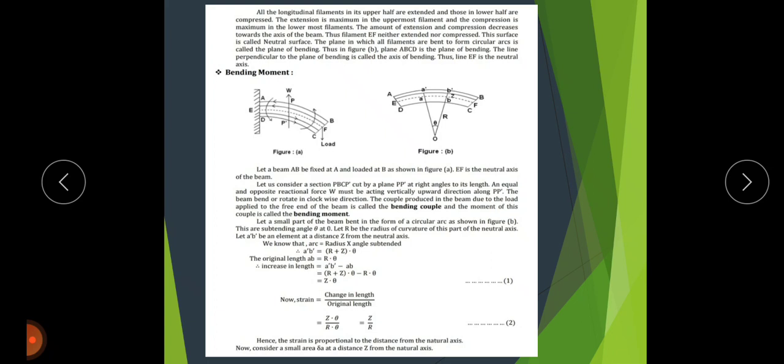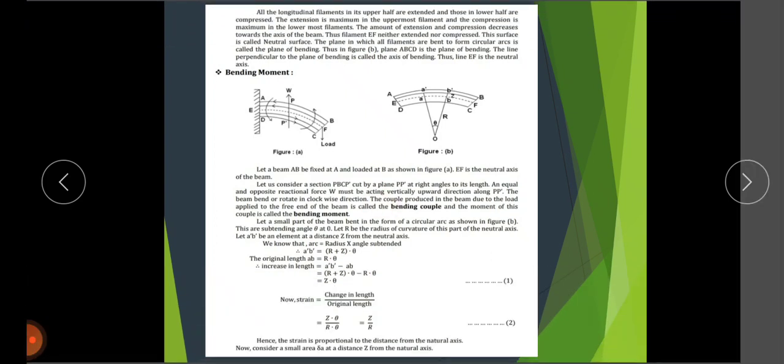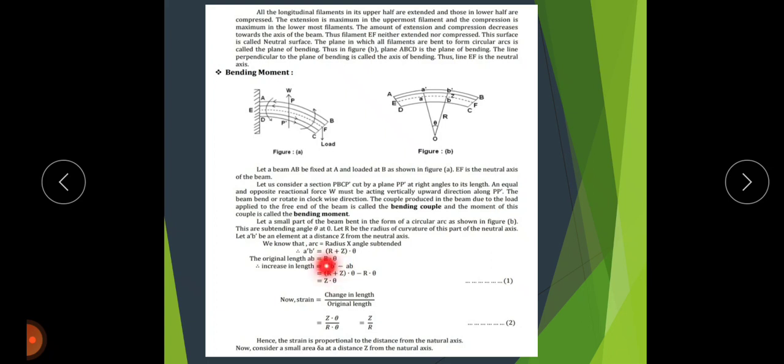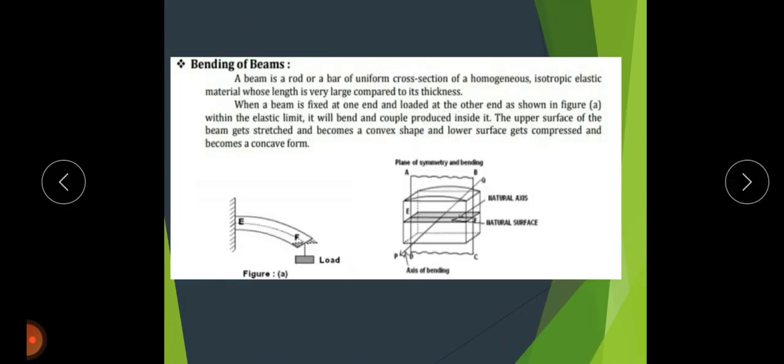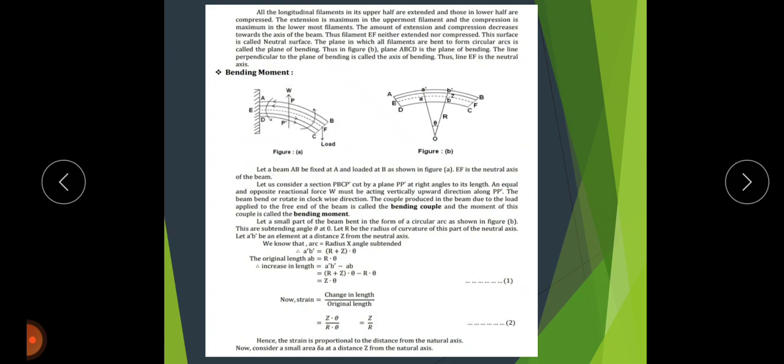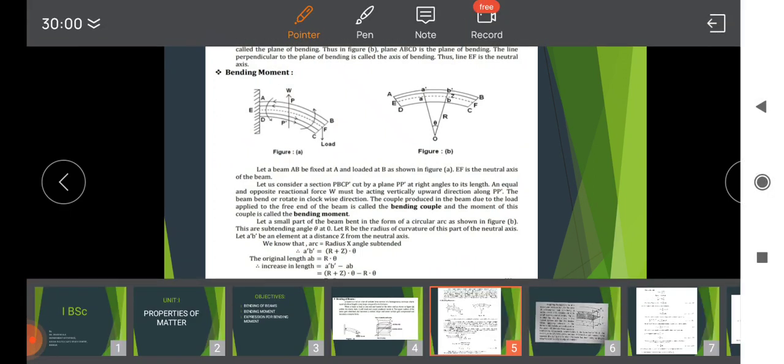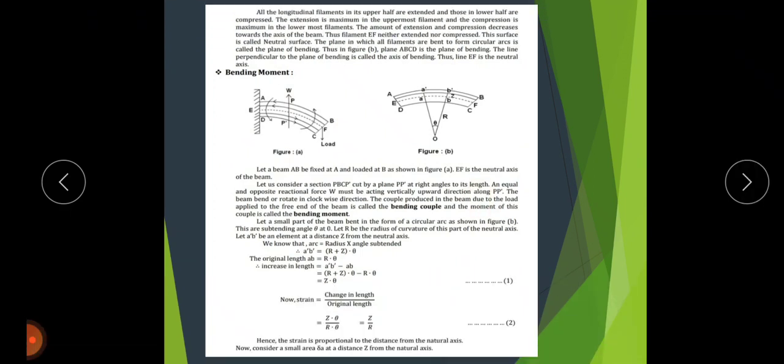We know that the original length AB is equal to R into theta. So this expression can be written as R into theta plus z into theta minus R into theta. R into theta minus R into theta gets cancelled, remaining is z into theta. This is taken as equation number 1, the increase in length expression.